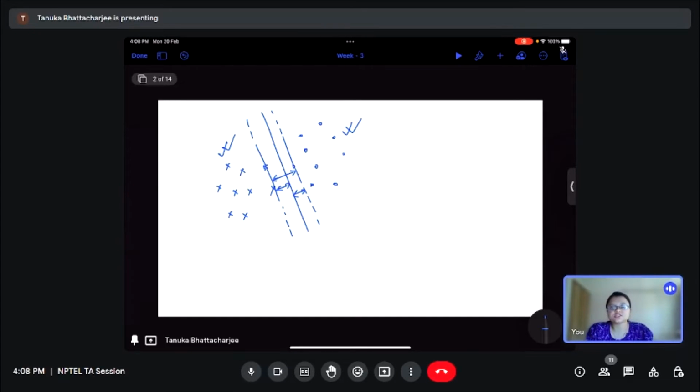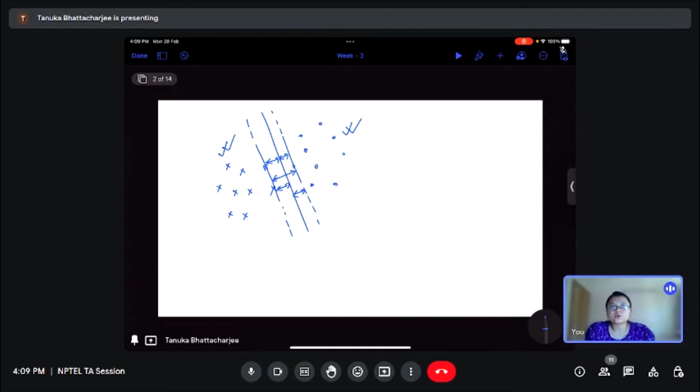You will put the decision surface midway. When you maximize this margin, or in turn you are actually maximizing the distance between the class and the decision surface, then the optimum solution that you get is this SVM classifier.